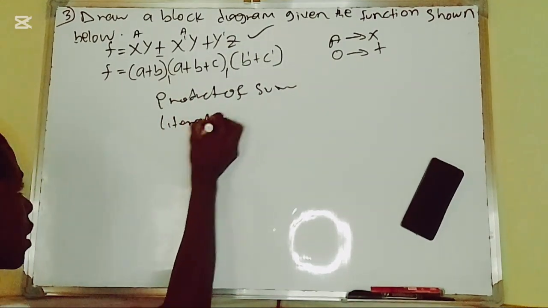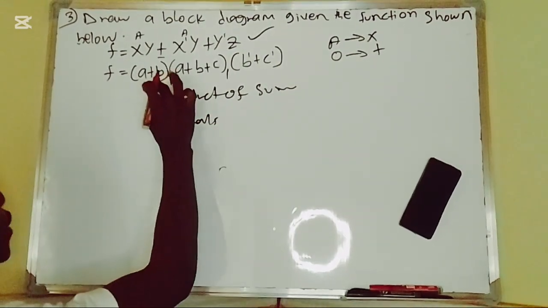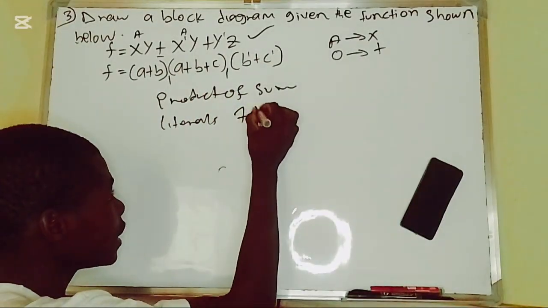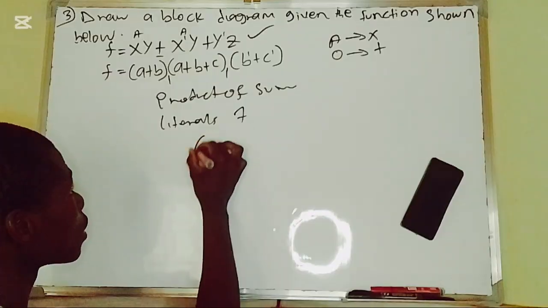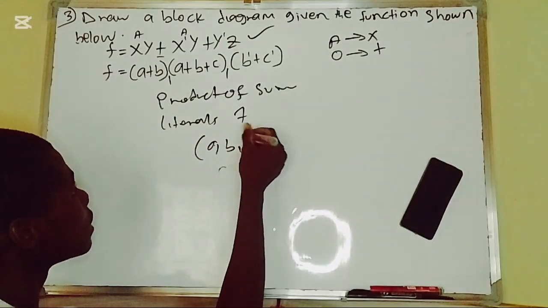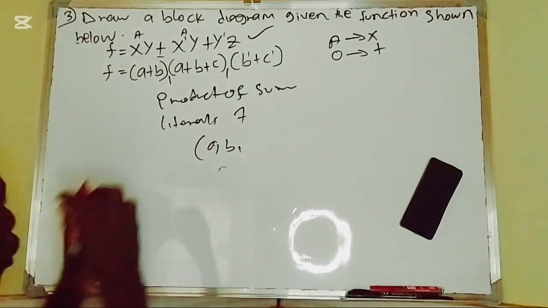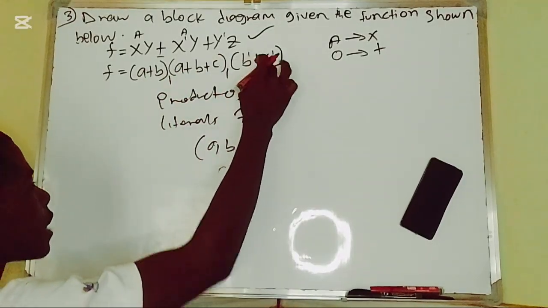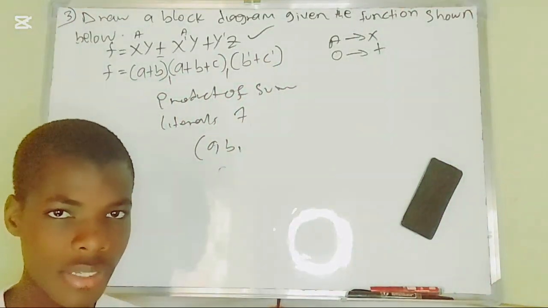I have 1, 2, 3, 4, 5, 6, 7. Yes, I have 7 literals. For literals, you just count the variables that you have. They are your literals.